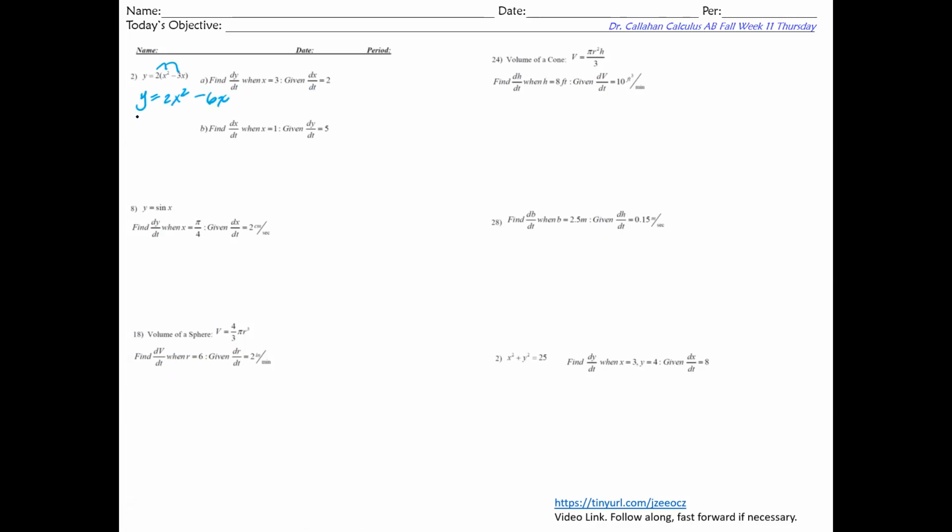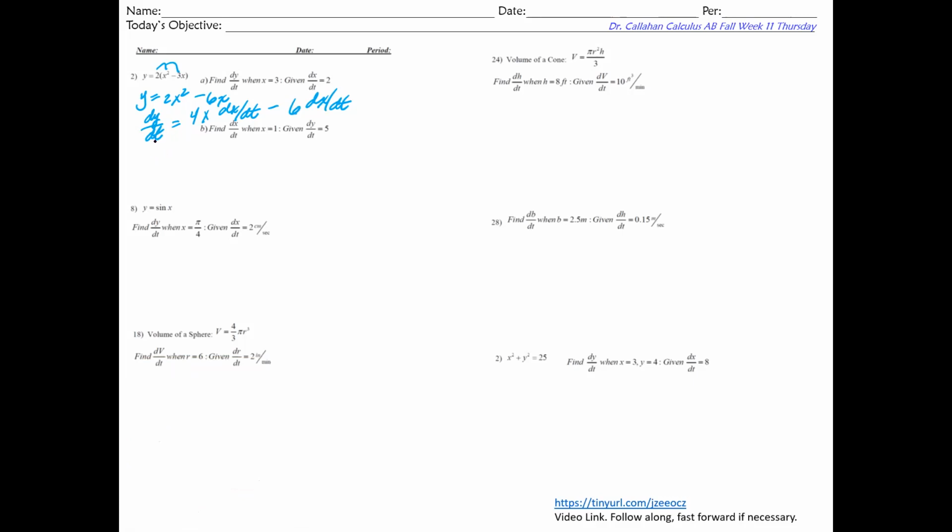When you find the derivative of this, keep in mind you have a dy over dt, which is equal to, using the power rule, 4x dx over dt minus 6 dx over dt. Once you have this, you want to substitute the numbers in there.